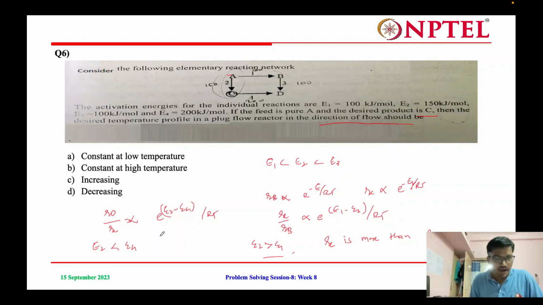To reduce rD in comparison to rC, we need to reduce the temperature. Once a substantial amount of C is produced, it may react away to give D at a higher temperature. So at this point, we need to decrease the temperature of operation. Hence, a falling temperature is preferred to maximize the production of C.